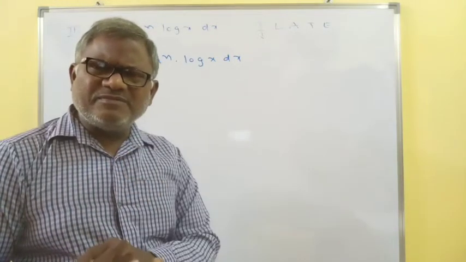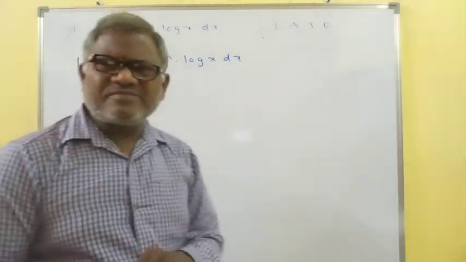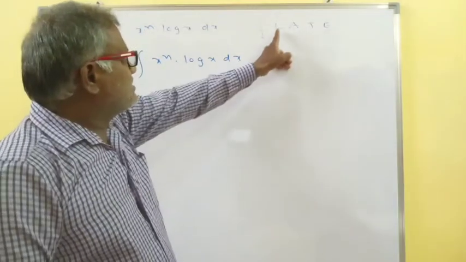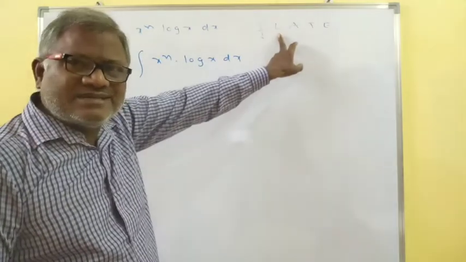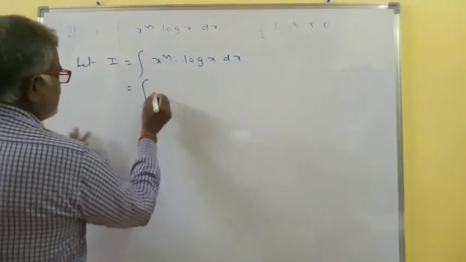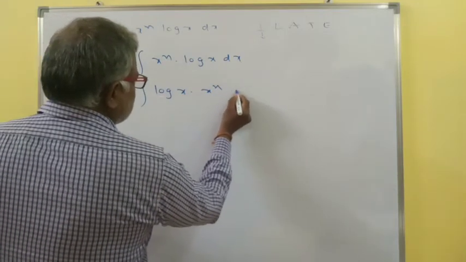Here, two functions will be there. One is log x and another is x power n. So, log x means L. Next, x power n means algebraic. Which letter comes first? L. So, you should consider this as the first function. Remember this one. Again, you have to write like this.